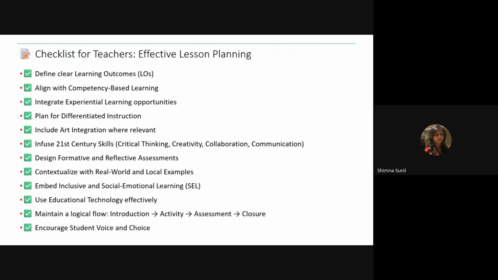Maybe we can number it, because I'm sorry, I didn't number it. So there are 12 criteria, 12 features to the effective lesson plan checklist.